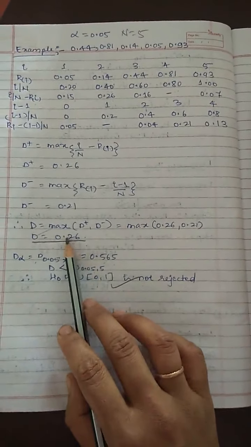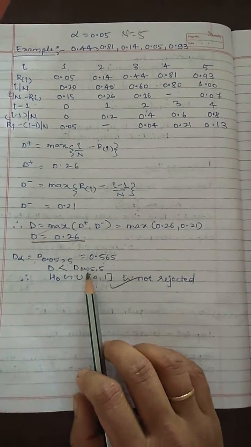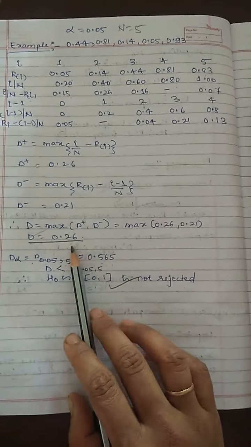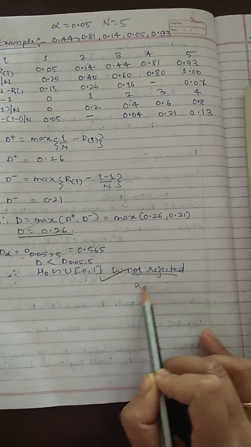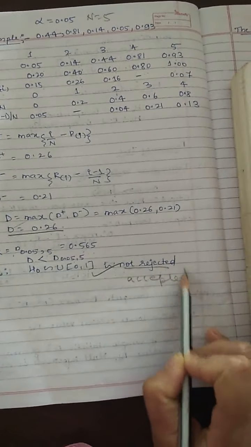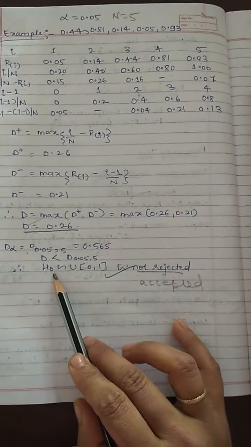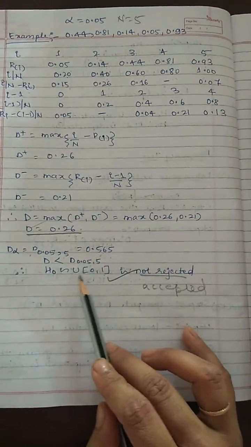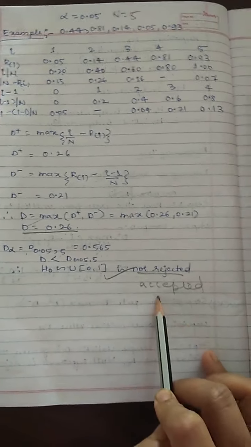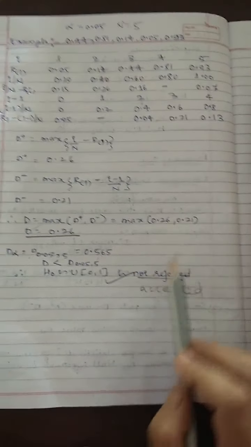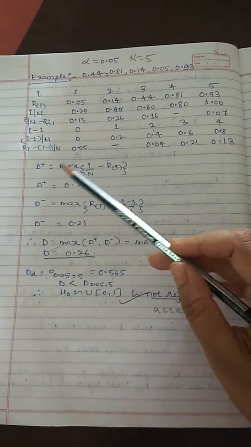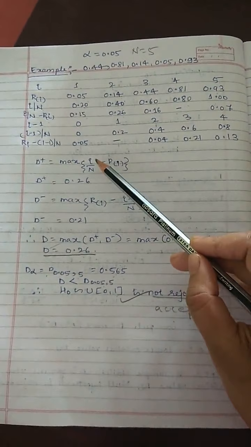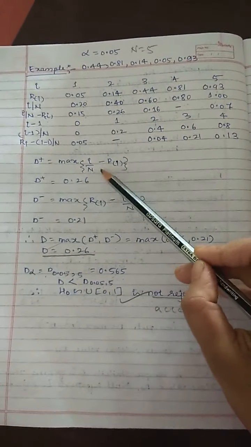Since the sampling value is less than the critical value here, the null hypothesis is not rejected. You can write not rejected, or you can write accepted also. The null hypothesis that the numbers are uniformly distributed in the interval 0 to 1 is accepted, or not rejected. Like this you can solve the sum. So, basically first arrange them into ascending order, then find D plus and D minus. For D plus we have to find i by n minus Ri.